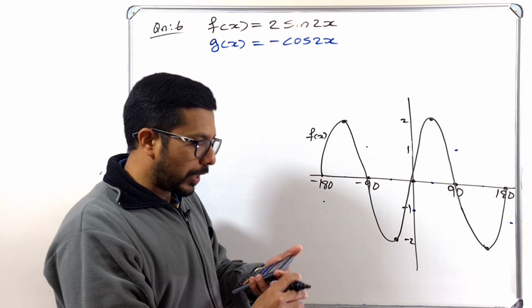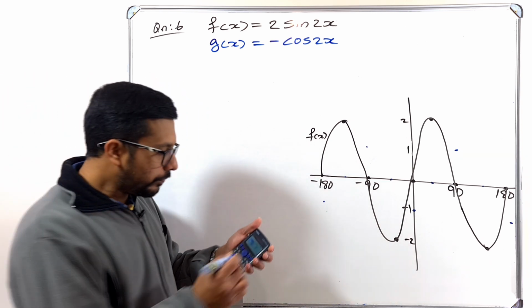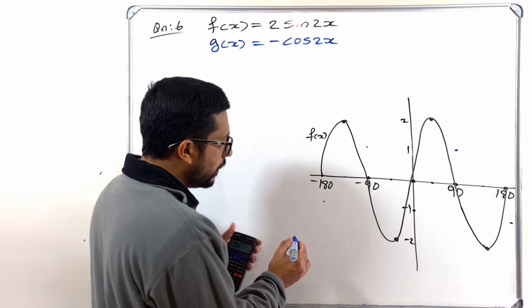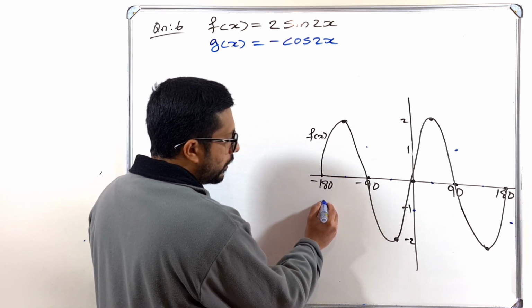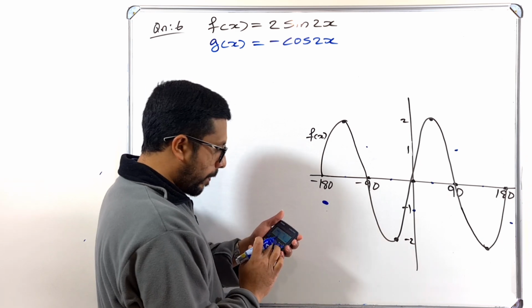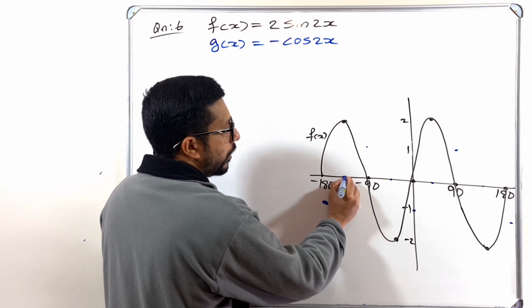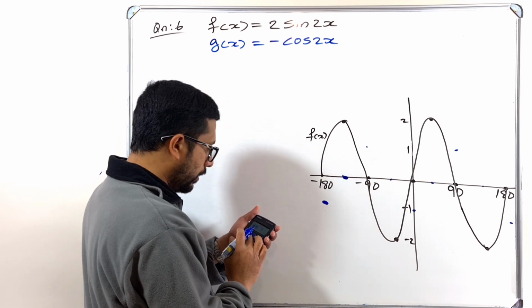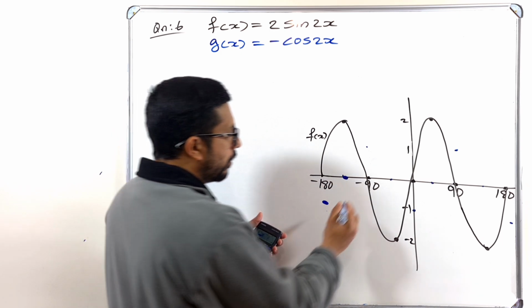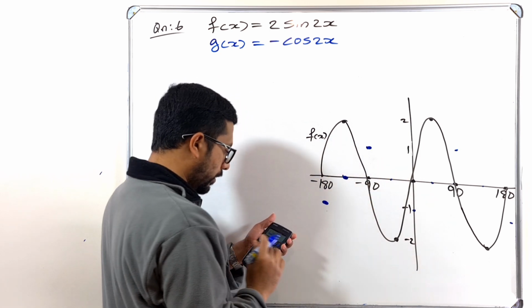Just mark those points that are in the calculator. Minus 180, minus 1, that means this point. Then minus 135, 0, that is this point. Minus 90, 1, that is that point.